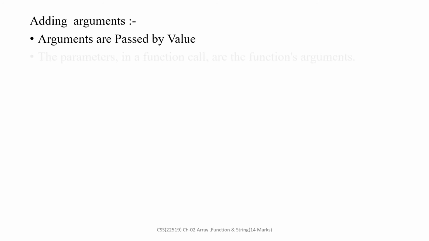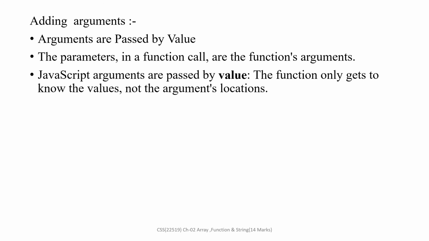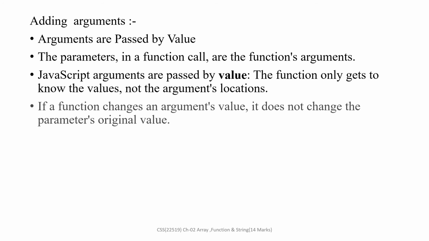Now we will see the next topic, adding arguments. Arguments are passed by value, the parameters in a function call, or the function's arguments. JavaScript arguments are passed by value. The function only gets to know the value, not the argument's location.